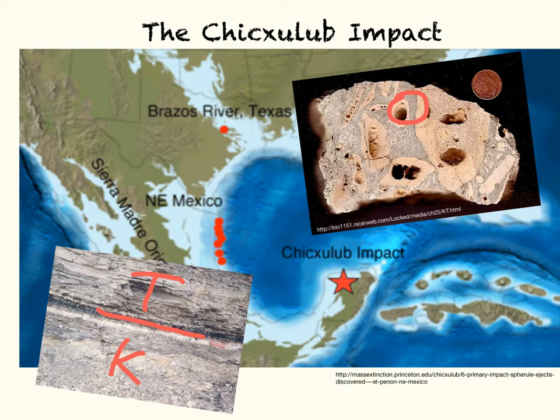This image on the upper right is a relic of the Chicxulub impact, and this was actually found right here in Texas. So these spherules traveled a long way, and they can be traced directly back and dated to the time of the Chicxulub impact. So this is another line of evidence for impact craters and definitely the Chicxulub impact itself.